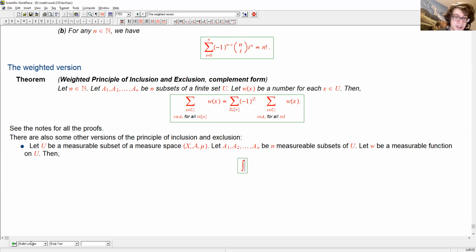Then the integral of W over the complement of the union, so basically over the points that are in none of the A_i, equals the sum of (-1)^|I| times the integral over this intersection.